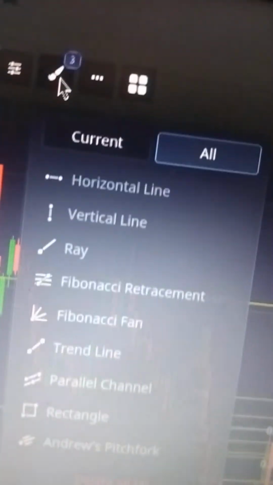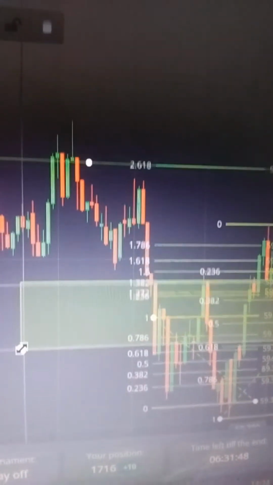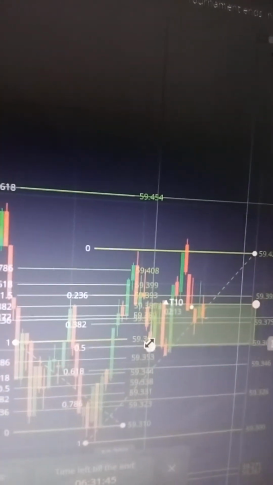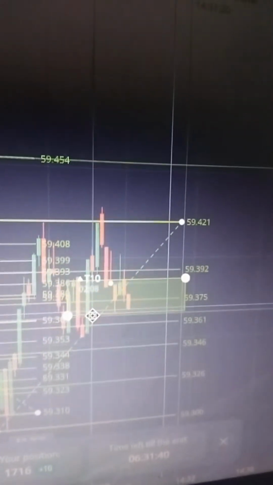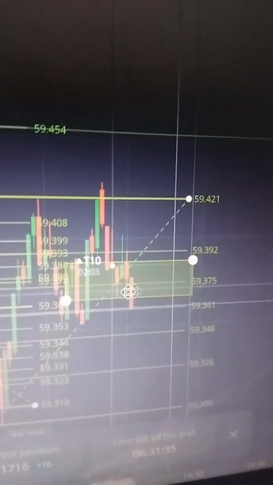We can use a rectangle. Where is it? It is up there. So this rectangle will be drawn on this imbalance. As you can see, this denotes the imbalance here.